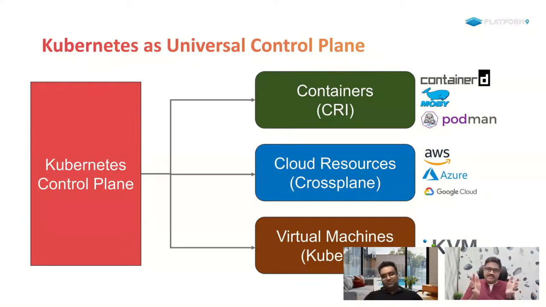So that is what I want to leave you with. Again, I am trying to paint the big picture and give you an outside-in perspective. So this is where Kubernetes is transforming to becoming a universal control plane.